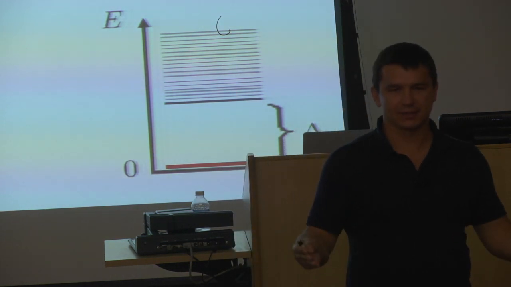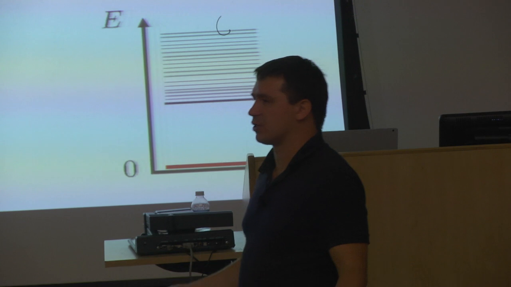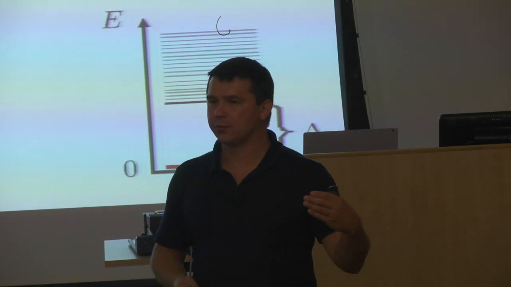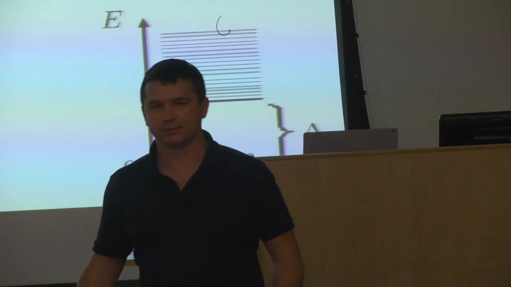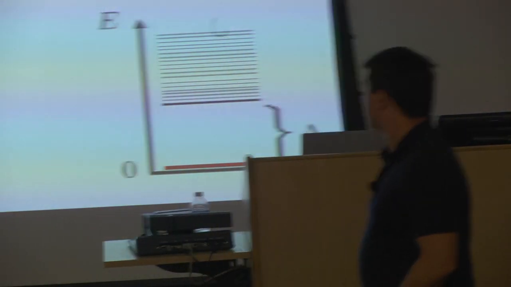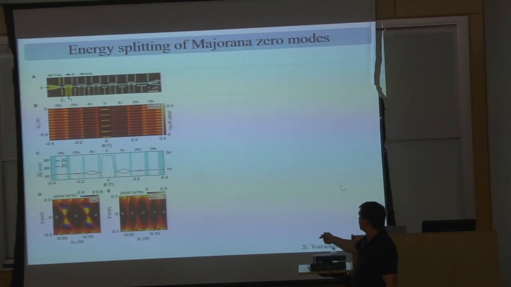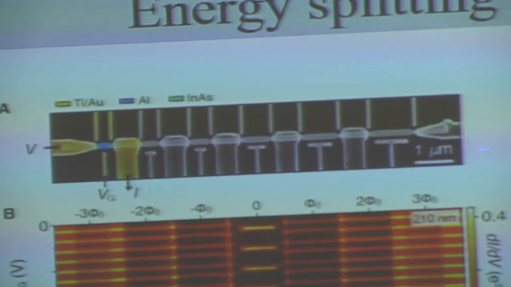If you have a small system and you add electrons one by one and you have these zero energy states, then the signature should be that you go from 2e periodicity to 1e periodicity as a function of magnetic field. So let's try to test this scenario as well. This is very new data, which I explained on full shell nanowires.